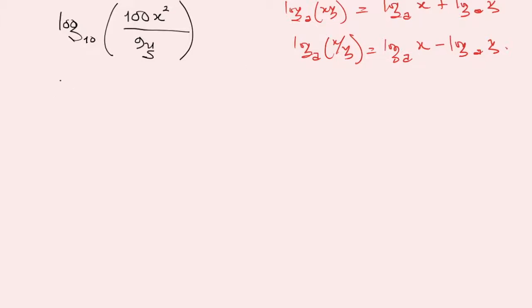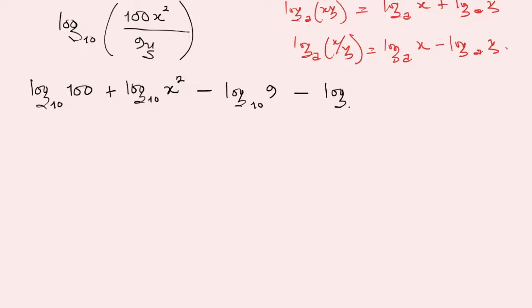So if we expand that, we have log to the base 10 of 100, our first value, plus log to the base 10 of x squared, our second value. The third value is 9. It's a denominator, so it will have a negative: minus log to the base 10 of 9, minus log to the base 10 of y.